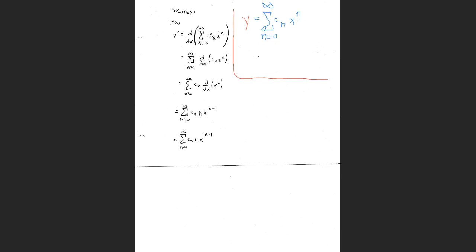One moment here, class. Okay, and this is just c sub 0 times x to the 0th power plus c sub 1 times x to the 1st power plus c sub 2 times x to the 2nd power plus c sub 3 times x to the 3rd power, and so forth. Okay, keeps going.